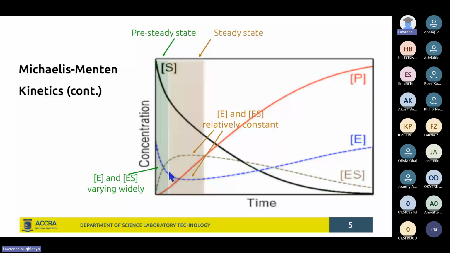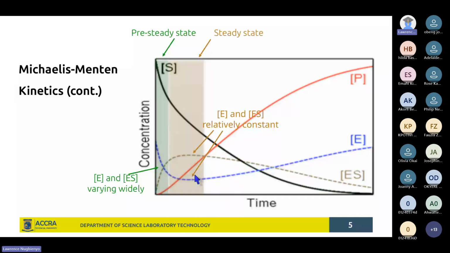So that becomes a steady state. It's a state at which the rate of the reaction will be constant, because all the enzyme molecules will be active. All are bound to substrates. They are all acting on substrate molecules at this point, so that the rate of the reaction becomes constant, steady.